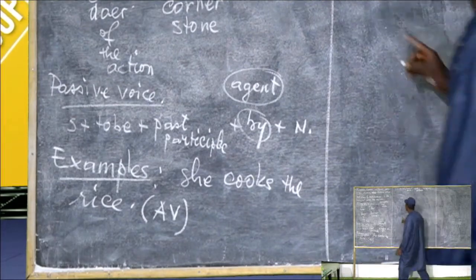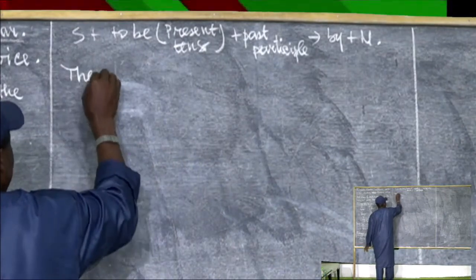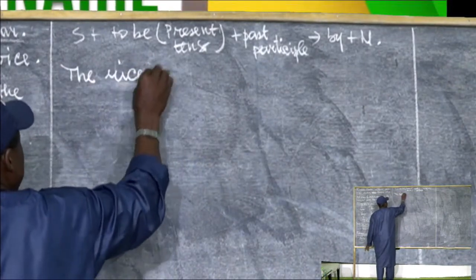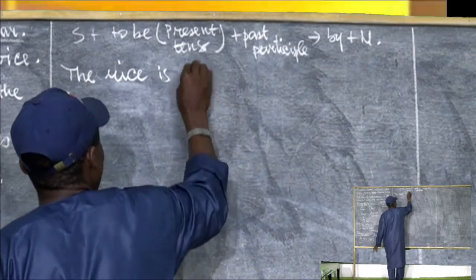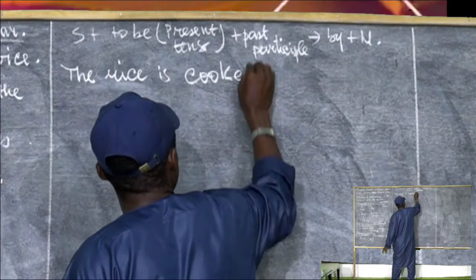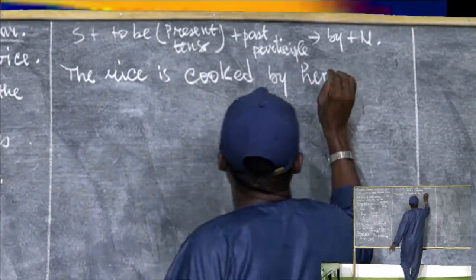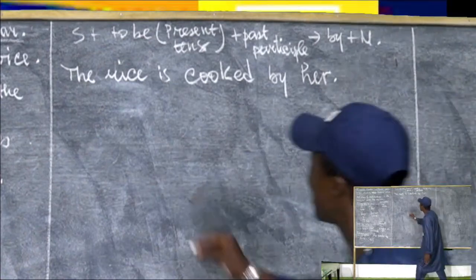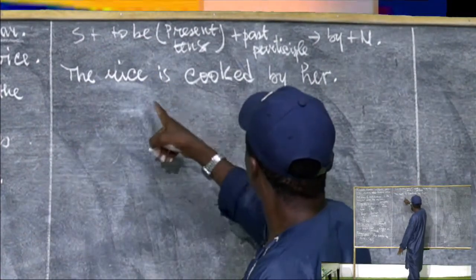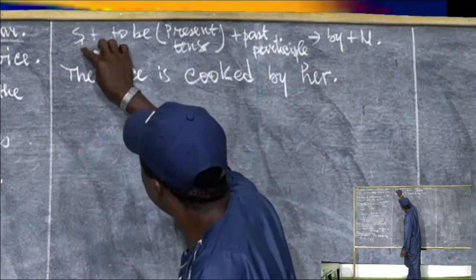Let us turn this sentence, she cooks the rice, which is in the active form, to the passive voice. The rice is cooked by her. Let us link the structure with the sentence we have built. The subject is the rice here.